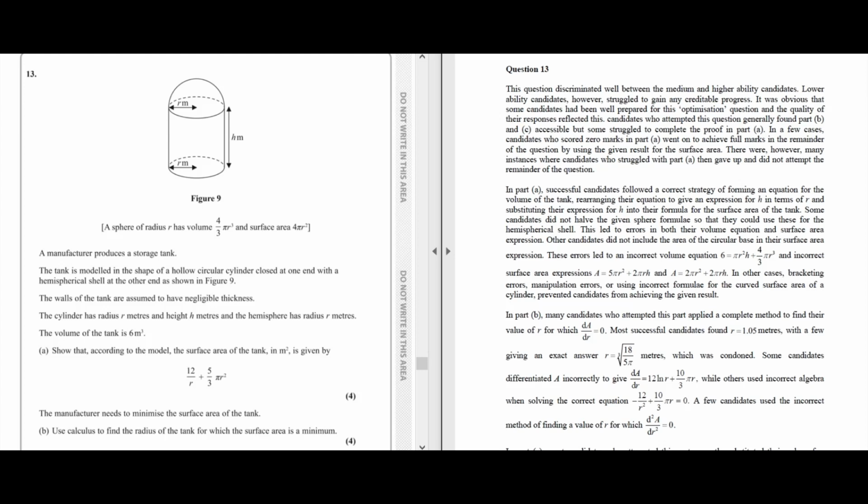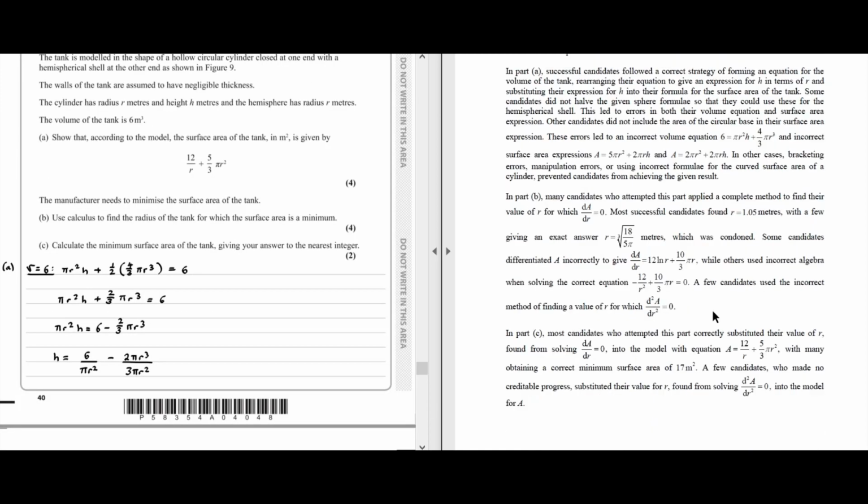Some candidates did not have the sphere formula. Remember, we've got a hemisphere. Other candidates did not include the area of the circular base for their surface area. That gave an incorrect expression. And there were other errors stated as well, but you just had to recognize what you needed for the shape.